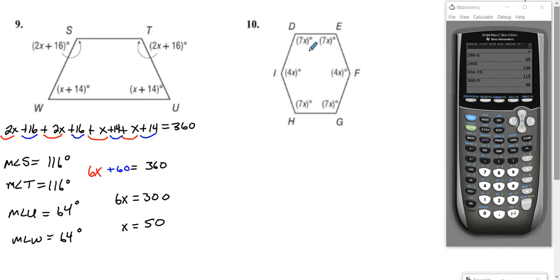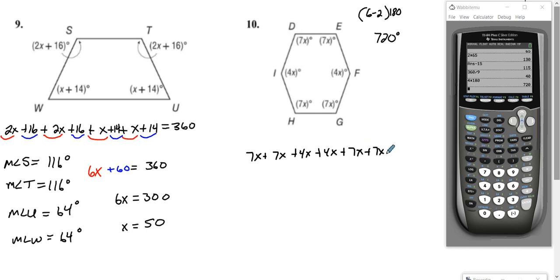Number 10. Ooh, now this has more. This has 6 angles. So 6 minus 2 times 180 is 4 times 180 is 720 degrees. So 7x plus 7x plus 4x plus 4x plus 7x plus 7x equals 720.